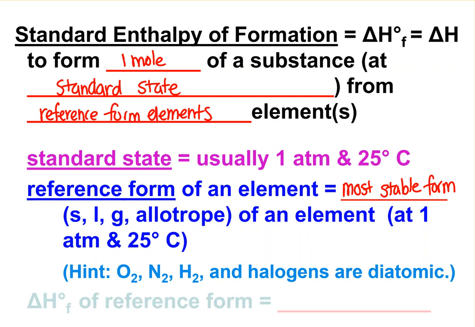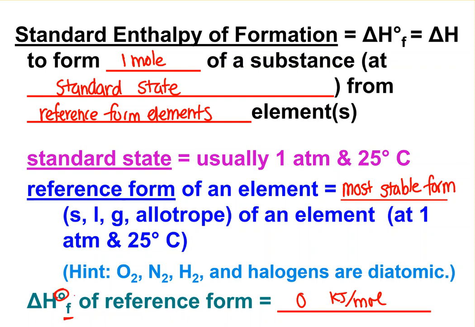Okay, and the reference form, like oxygen, O2, that's a gas, its heat of formation is 0. And that's true for all of the reference forms. Their heats of formation are considered 0.